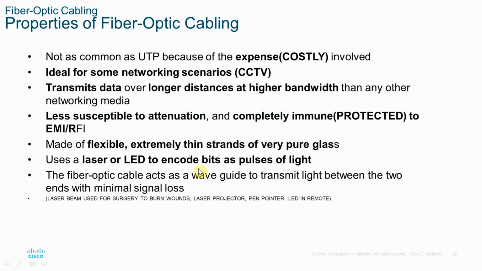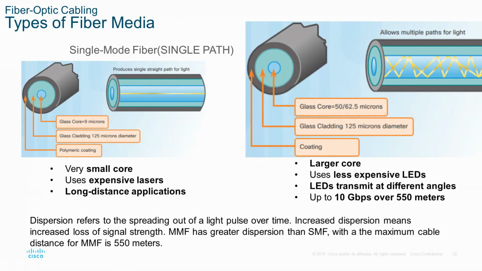There are two types of fiber optic media: single mode fiber and multi mode fiber. Single mode means the information bits transfer as light in only one direction, a straight path. This is used with the help of a laser beam. There's a core where the information is transmitted, and with the laser beam it flows in only one direction.